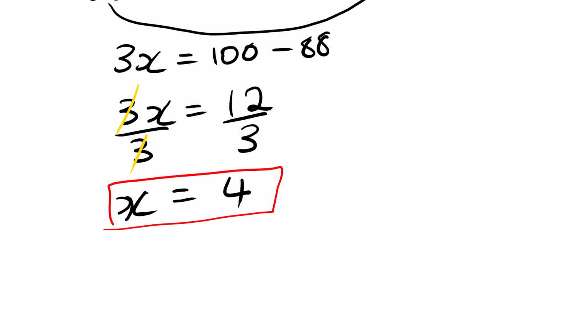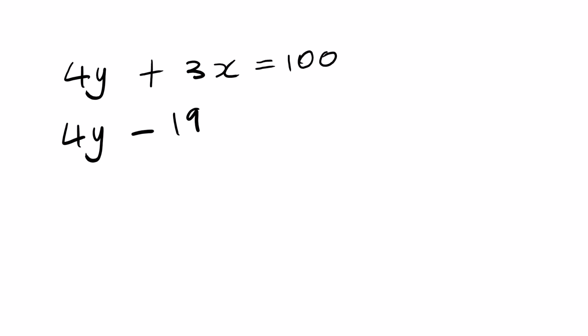Now there is a way to actually prove our answers. We prove whether our answers are correct. How do we prove? Our equations, we have 4y plus 3x equals 100. The second equation is 4y minus 19x equals 12.